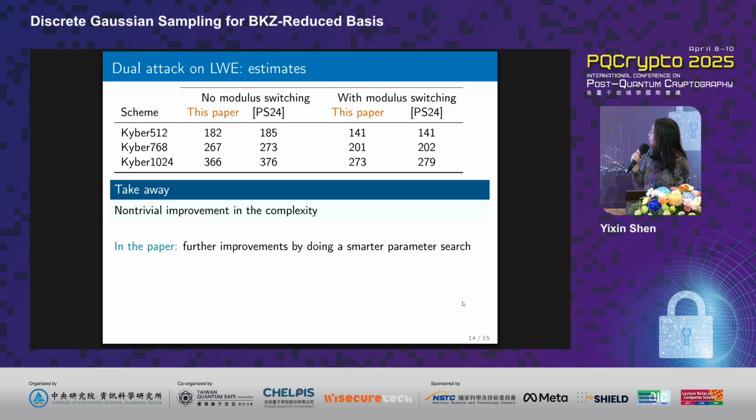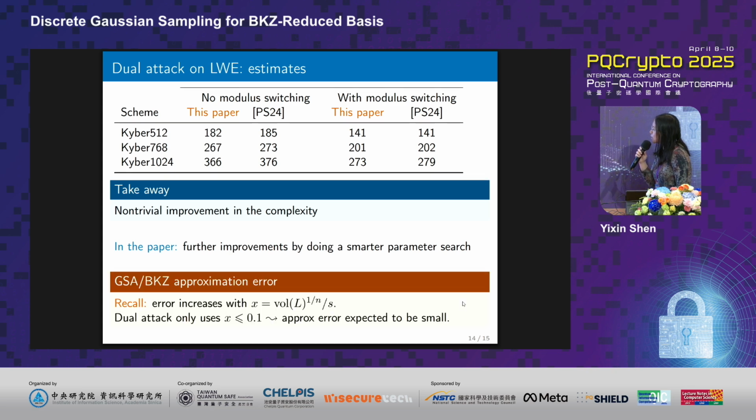In this hypothetical attack setting, we actually get competitive attack parameters. So in this paper, we revised these numbers, and you can see that we got significant improvements based on the better formula for the discrete Gaussian sampler. In the paper, we also had further improvements by doing a smarter parameter search, but I won't talk about this.